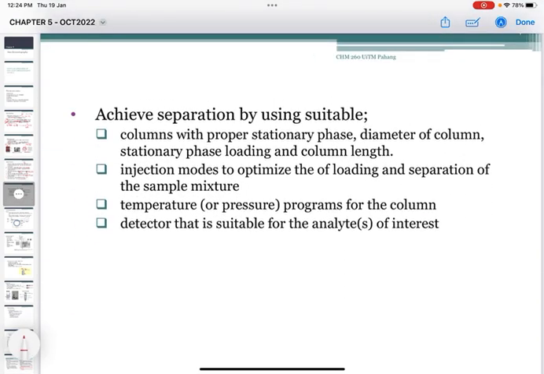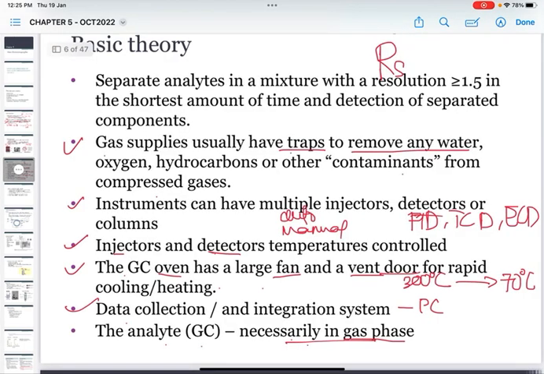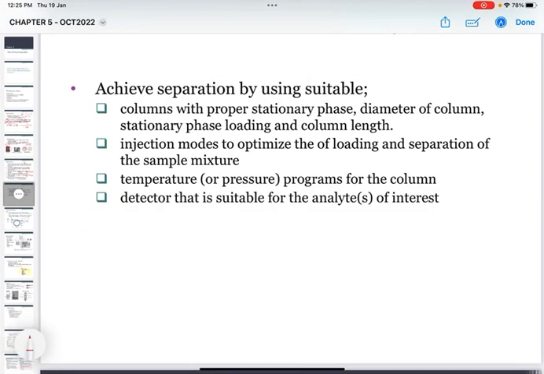Okay, not finished yet. How is separation achieved in gas chromatography? Separation in gas chromatography is achieved by choosing a proper stationary phase, proper size of diameter, proper mobile phase, and of course our analytes must suit the mobile phase and stationary phase.